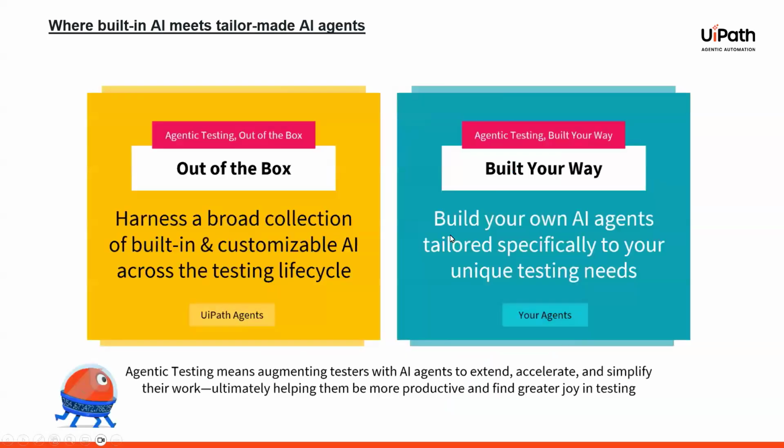Moving on, you will see how built-in AI and custom AI come together in agentic testing. On the left, UiPath already has out-of-the-box agents that give you ready-to-use AI capabilities across the entire testing life cycle, fast to adapt and customizable as well. It's already in the UiPath testing platform. On the right side, you will see build your way.